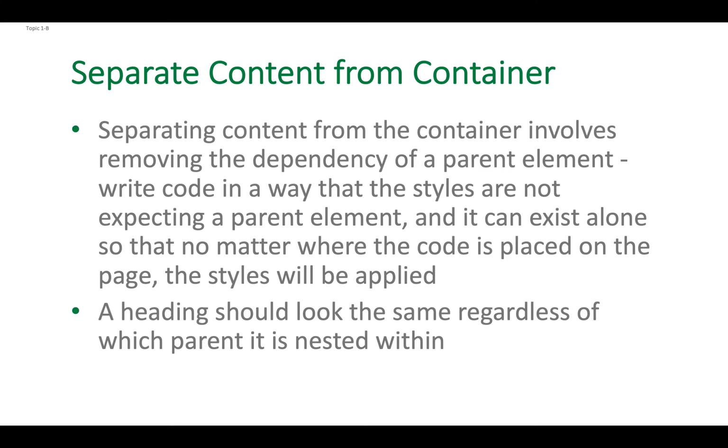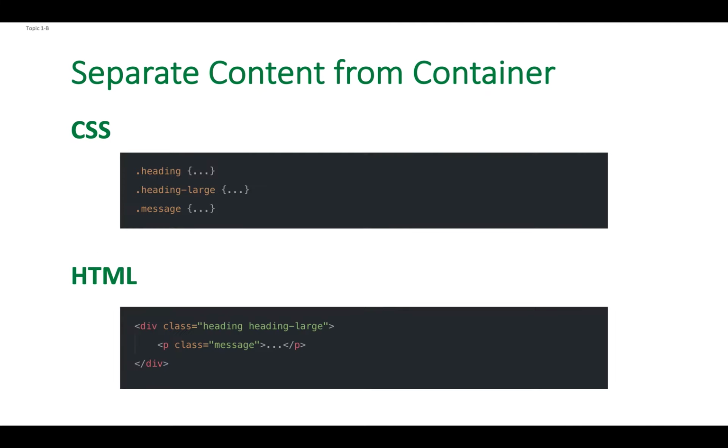So a good way to take care of that is to just style all of the H2 headers with an H2 style instead of making it specific to the parent element of whatever that H2 is. So for example, here's one that they give us.